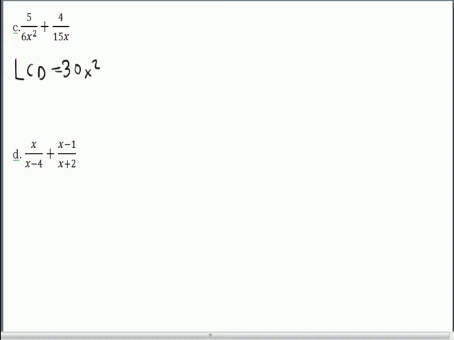So what this first term needs to be multiplied by is 5, and the second term's denominator needs a 5 to be multiplied by that to get the LCD, and the second term needs a 2x. So I'm going to multiply the first fraction by 5 over 5.